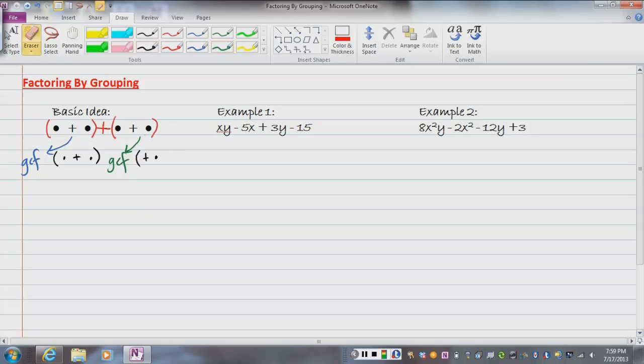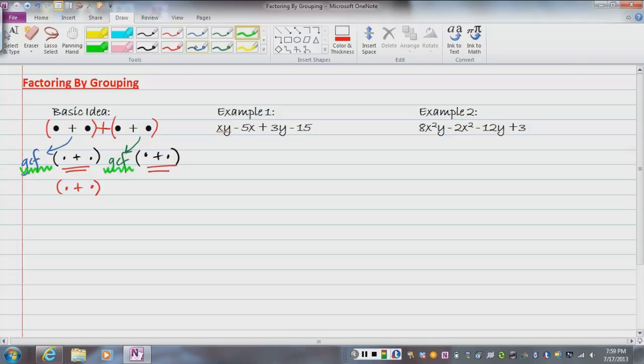Whoops, I got that backwards. There we go. Now, hopefully, if this is factorable, these two things are going to be the same. And this will be one of your factors. Your other factor is going to be the stuff left over.